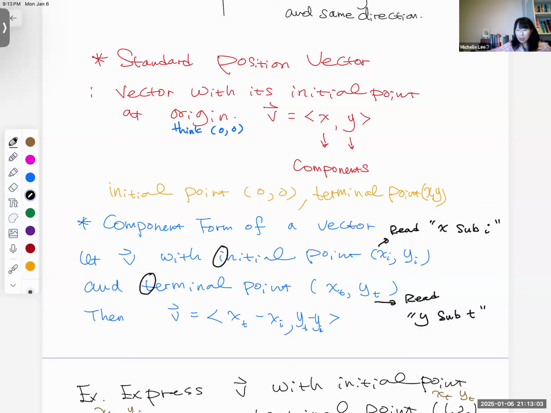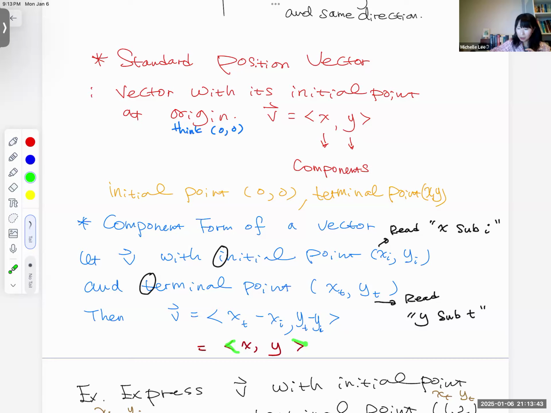Okay. Then how do we find the vector from the two points, right? x sub t minus x sub i for the first component, y sub t minus y sub i for the second component, which is x, y, right? So here x, y, I denote earlier as the component.